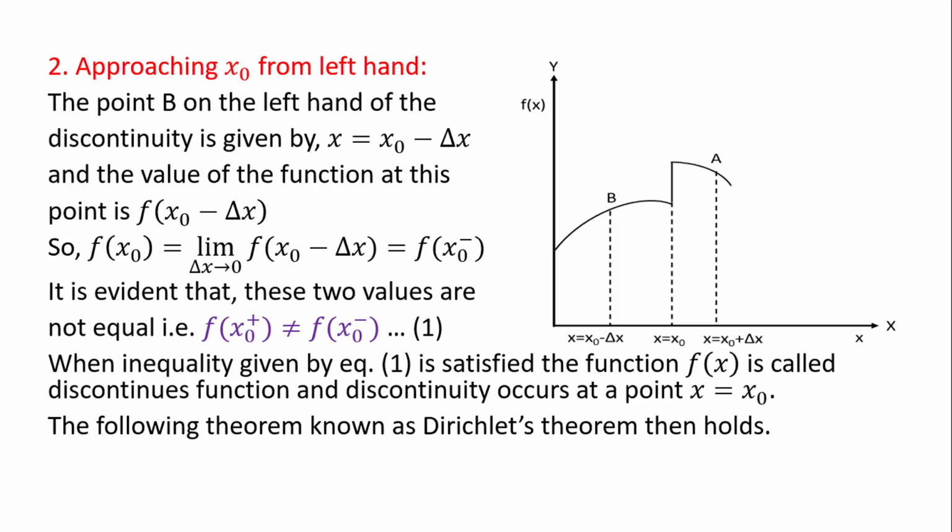Of course, since it is important for a function to be represented by a Fourier series. In this way, discontinuity occurs at x equal to x0, where the inequality shown by equation 1 holds.